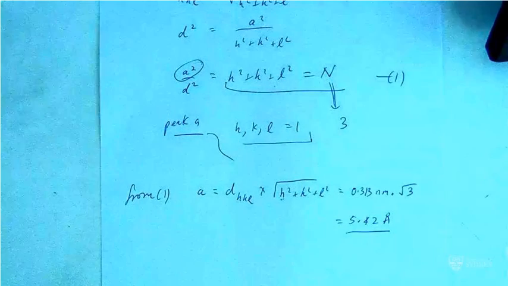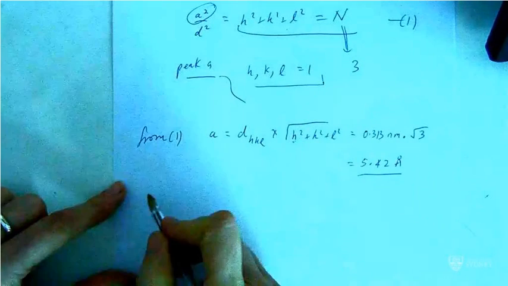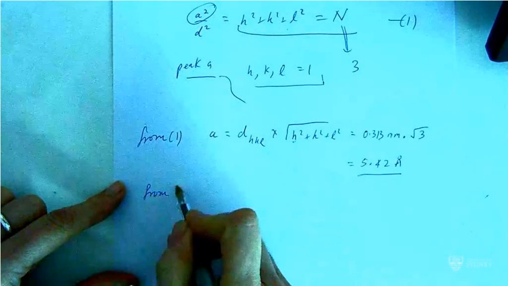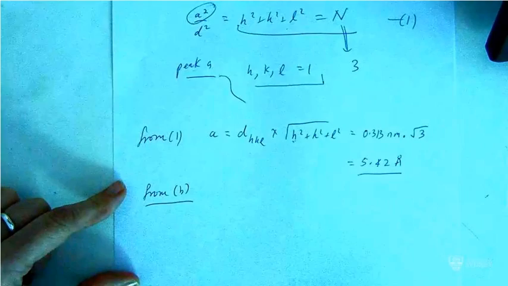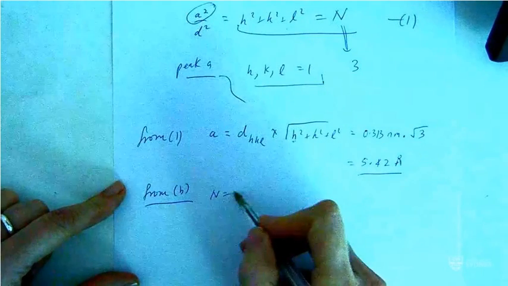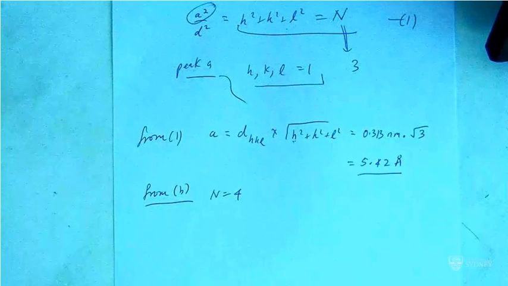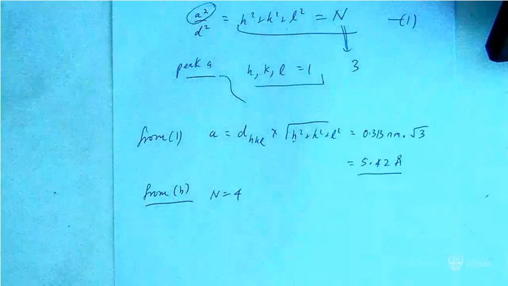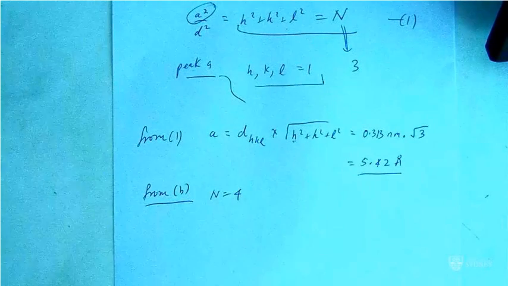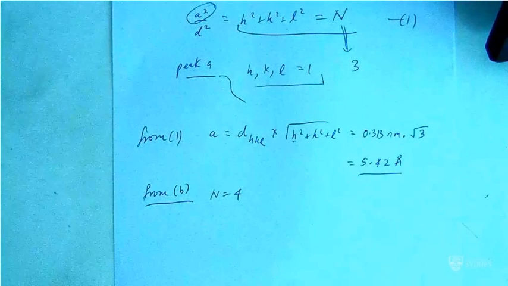For example, from peak B, we know D, we found that the closest integer was 4.